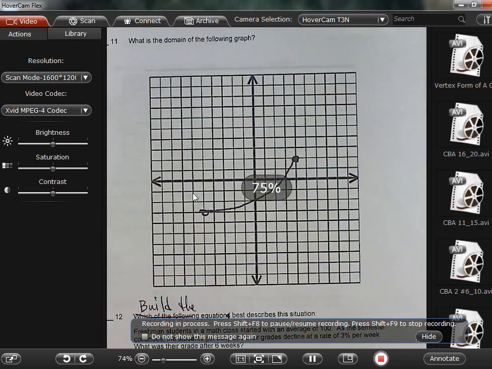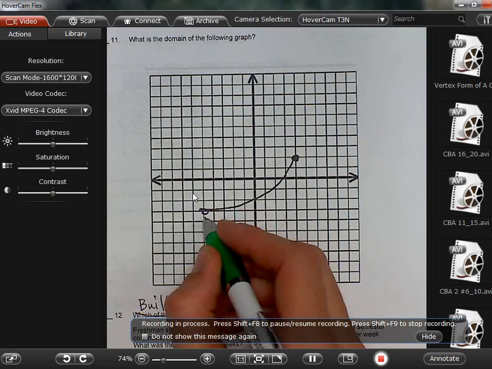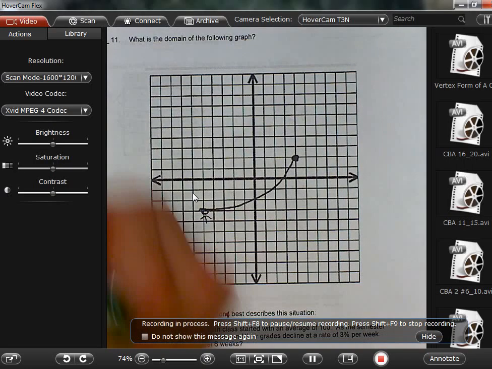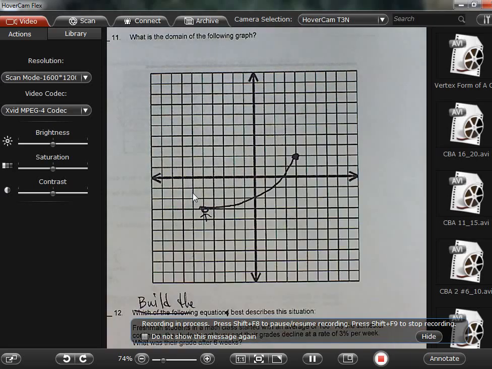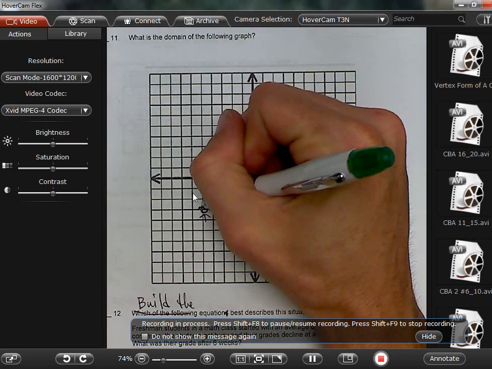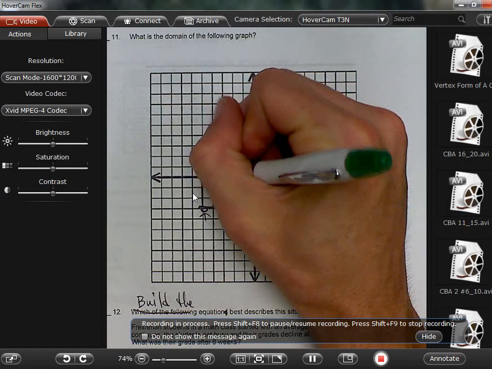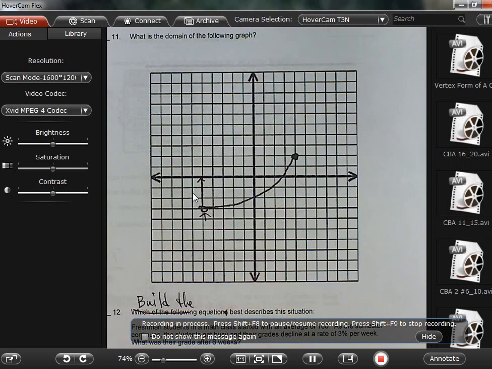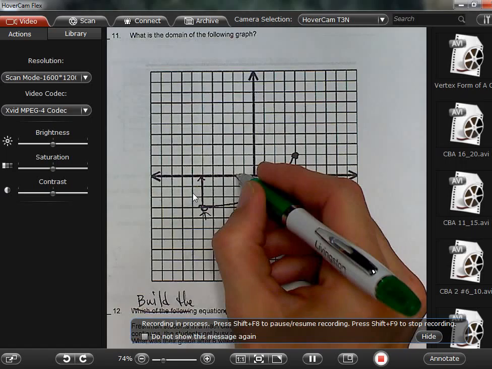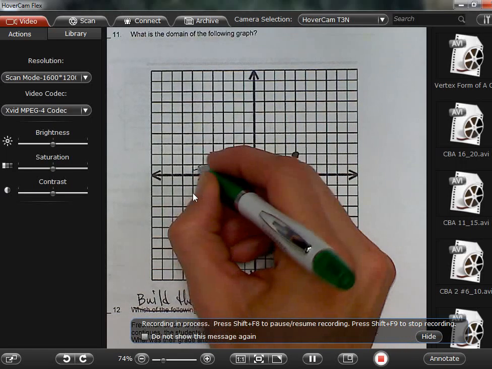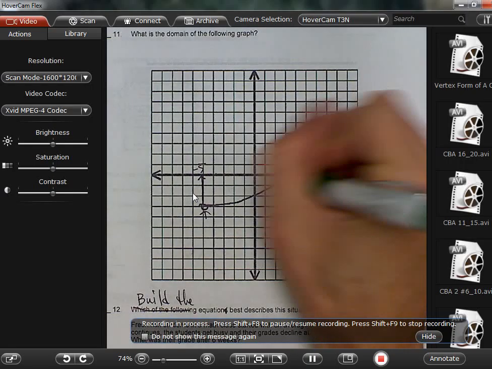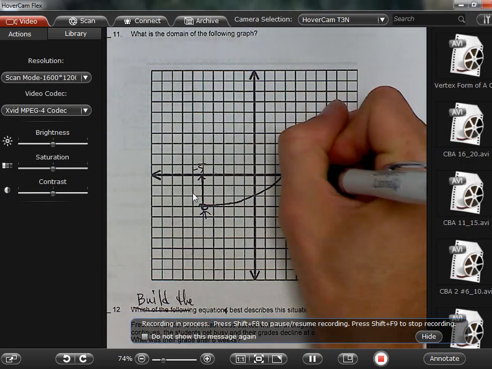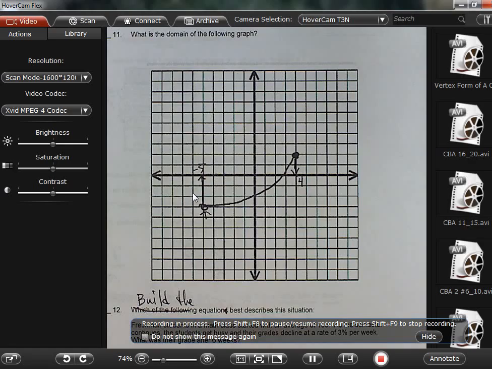What's the domain? Open circle, no equal. So take this straight to the x-axis, and what is that value? 1, 2, 3, 4, -5. Take this down to the x value, and this is 1, 2, 3, 4, with an equal to.